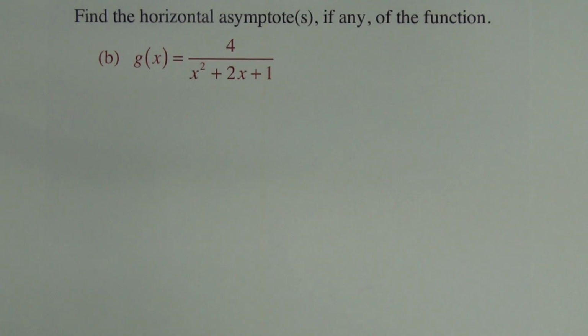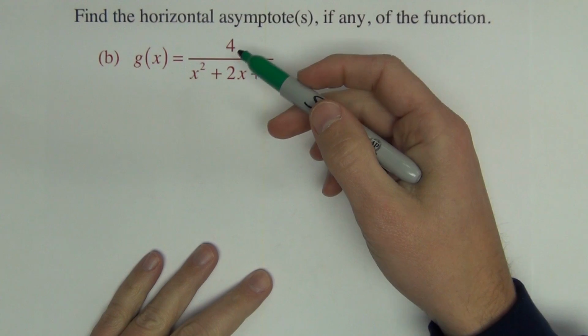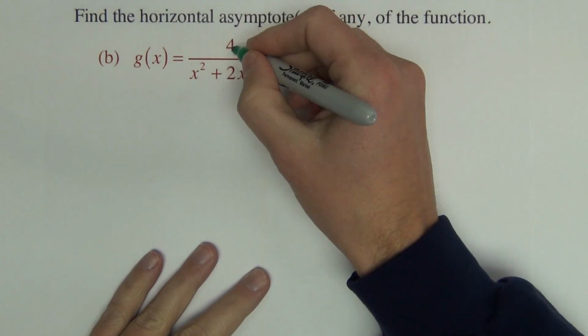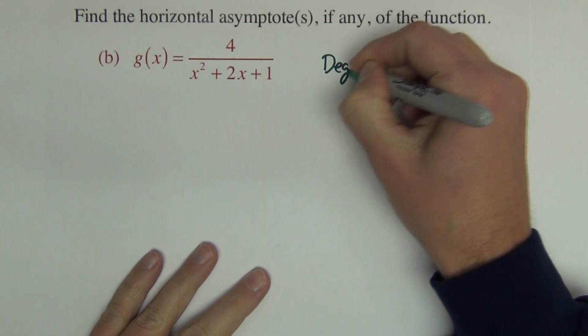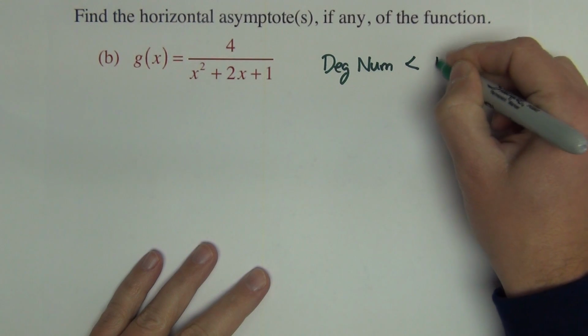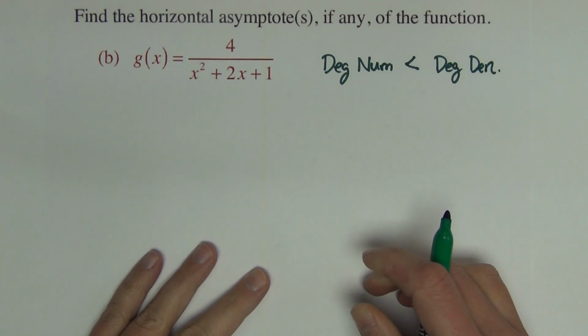In this example, again, same thing, horizontal asymptotes, so we're looking at the degree of the numerator and denominator. And here you see, different from the first example, they're not the same. What you see is that the power of x on top, the degree of the numerator in this example, is less than the degree of the denominator.